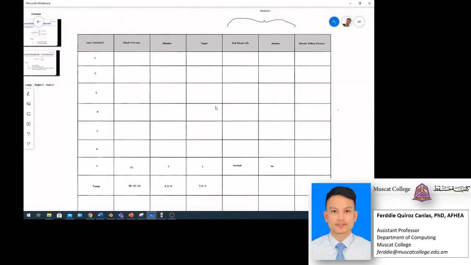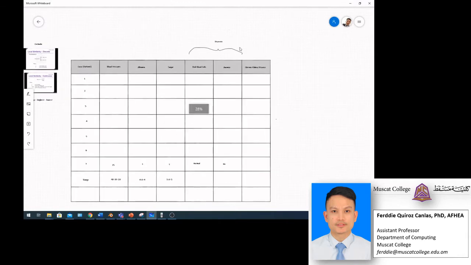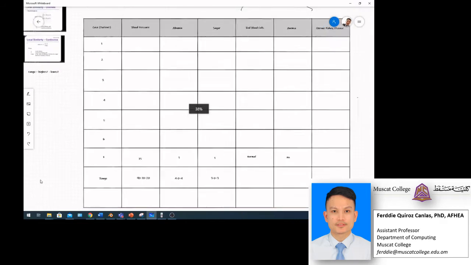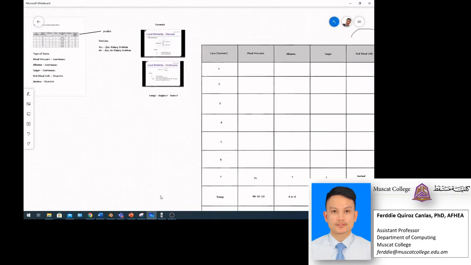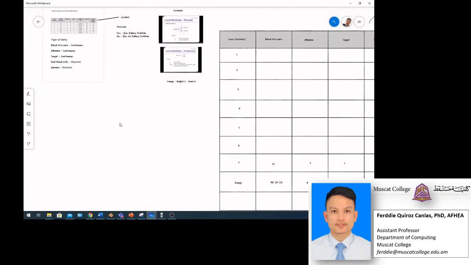Let's start. So let's calculate the blood pressure for this. So we have 75. We have the range here at the bottom. So we can now do the calculation. Normally when I calculate the CBR like this, it gives me a faster way to view things, and I can do the calculations faster. I hope you are doing it on paper while you are listening to this presentation. So let's now start.